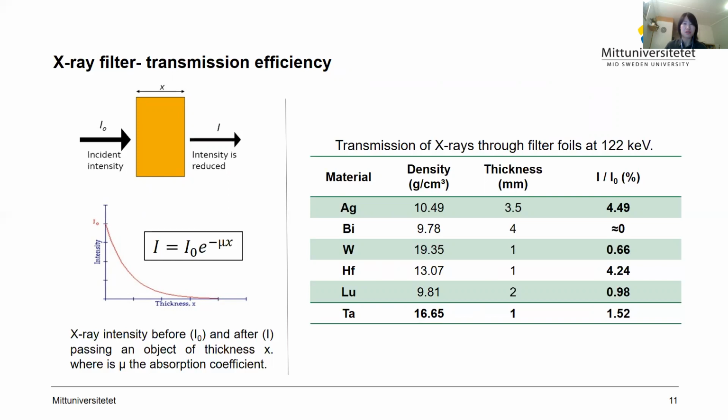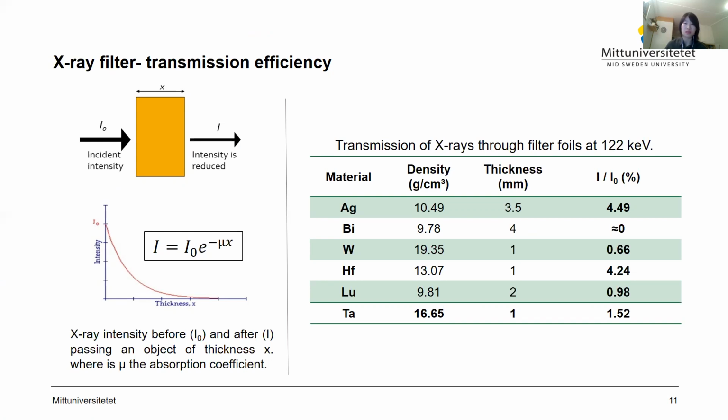The filters' transmission values for the 6 filters at 122 kiloelectronvolts are listed. As expected, the filters strongly reduced the intensity of the primary beam.